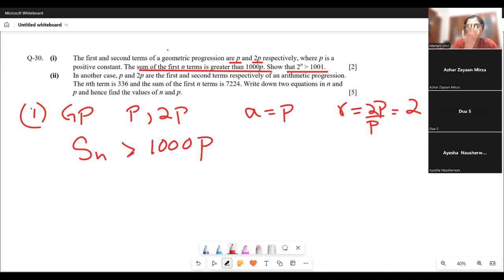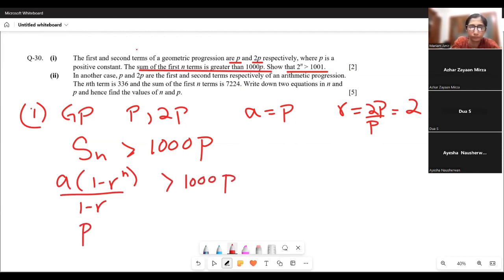So we need the formula for Sn of GP. It's A(1 minus r^n) upon 1 minus r. That's greater than 1000p. So A is P, (1 minus 2^n) upon 1 minus 2, greater than 1000p.